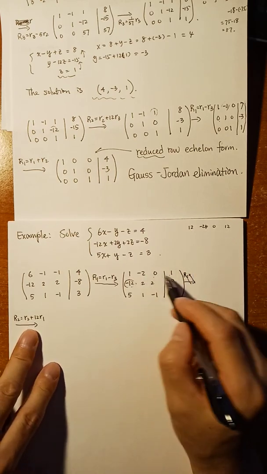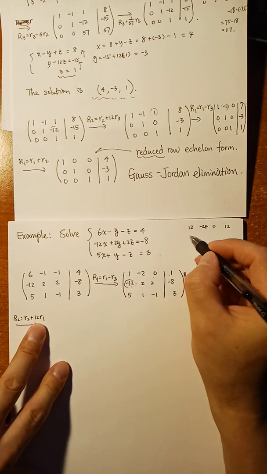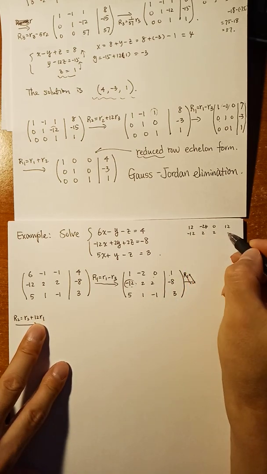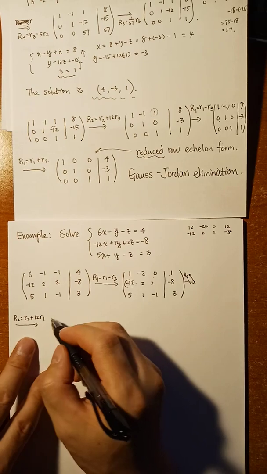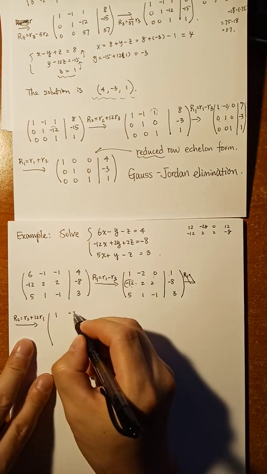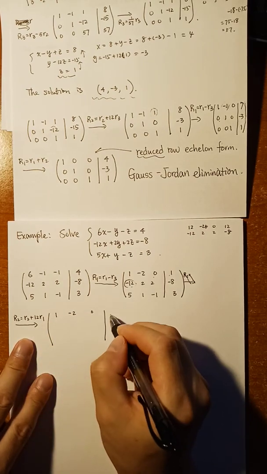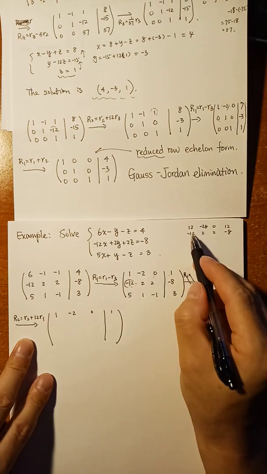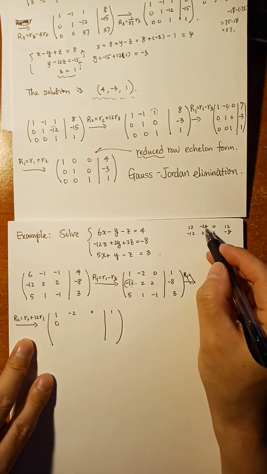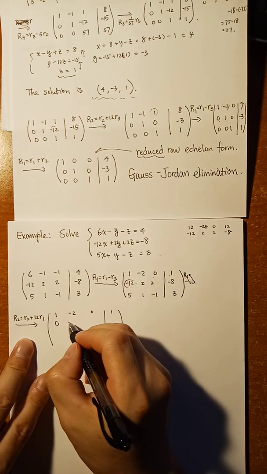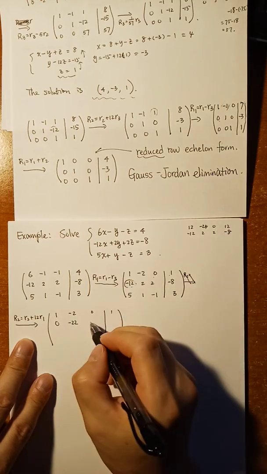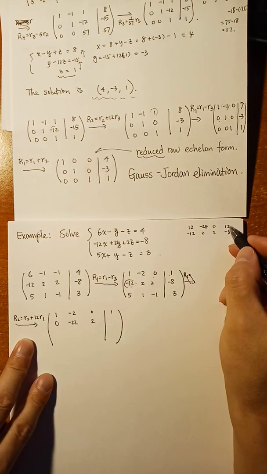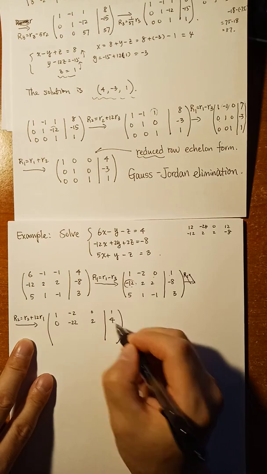This is 12 row 1, and row 2 is negative 12, 2, 2, negative 8. Let's do addition. So this is 0. 2 plus negative 24 is negative 22. 2 plus 0 is 2. Negative 8 plus 12 is 4.